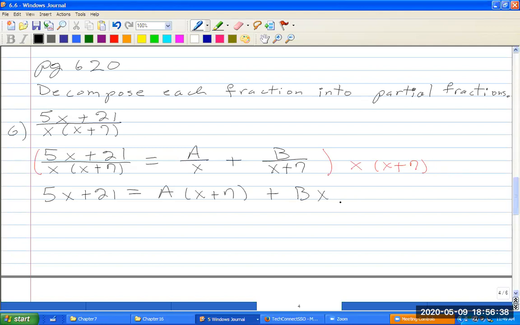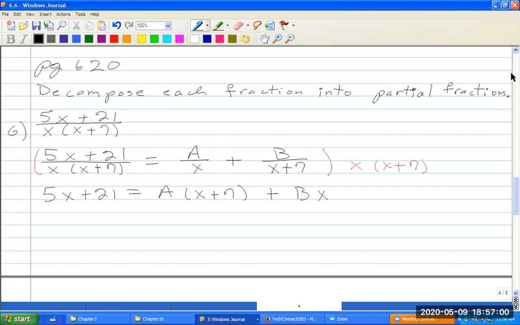One way of determining the coefficients, the numbers a and b, is either to equate coefficients or to find some values, plug them in, and try to solve for a and b using those particular nice values.